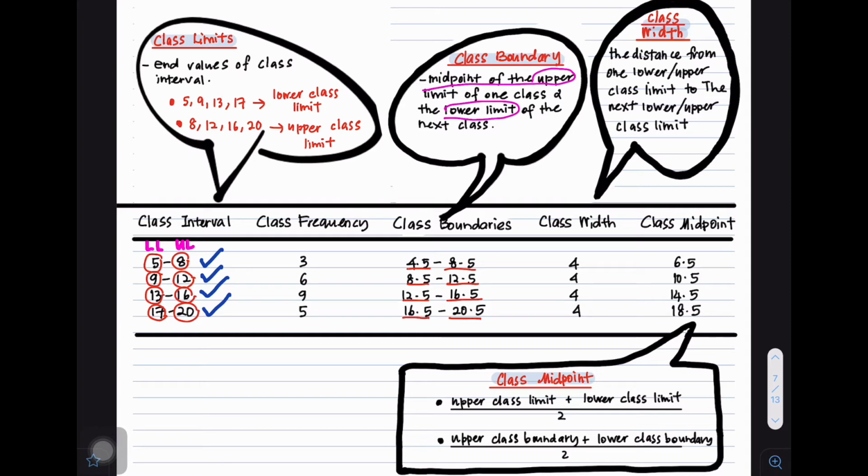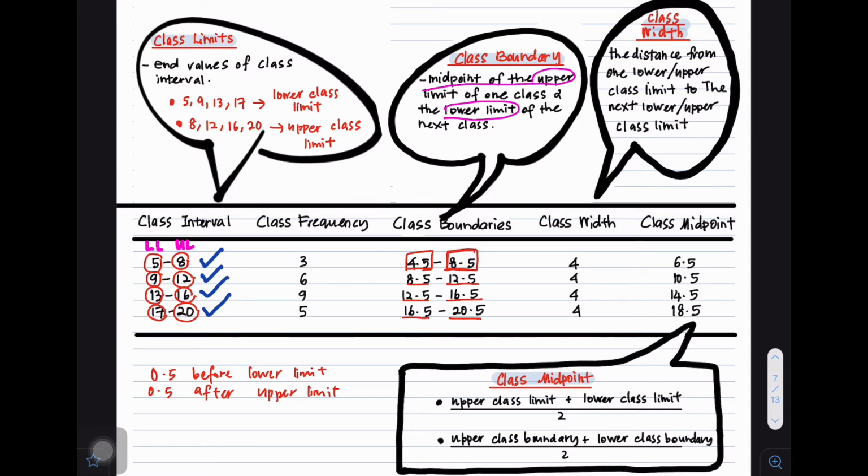Okay, you can use the formula, or you can take the hint where the class boundary is actually 0.5 before lower limit and 0.5 after upper limit. Okay, so you will get 2 class boundaries for each class, and the lowest one we call the lower class boundary, and the one with the highest value in that class is called the upper class boundary.